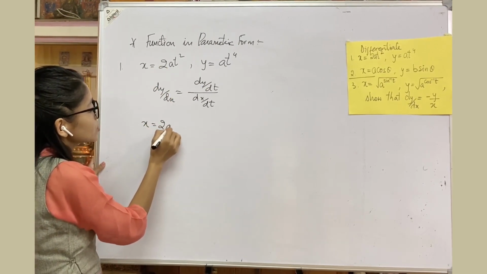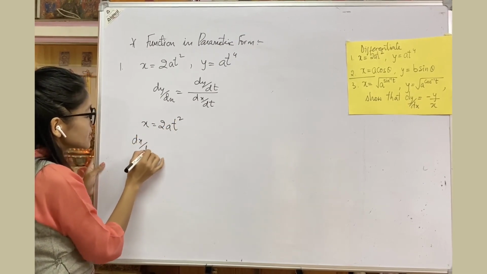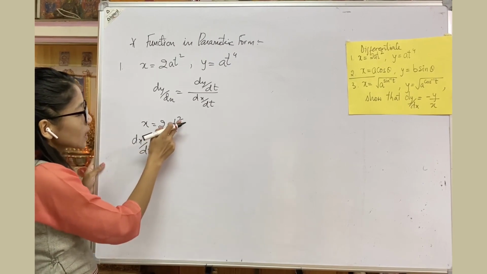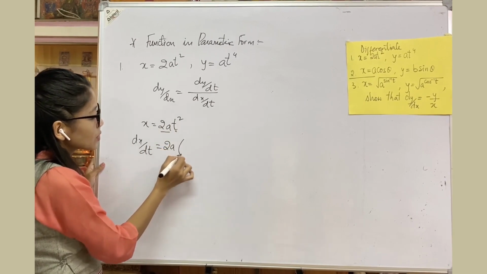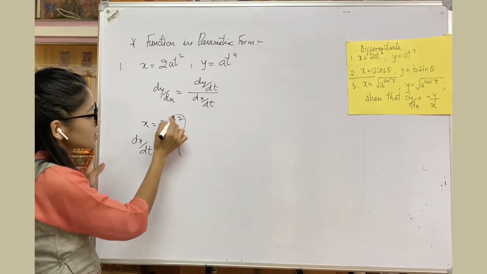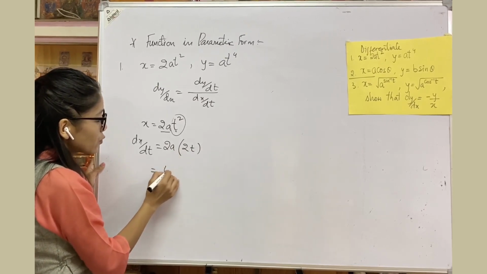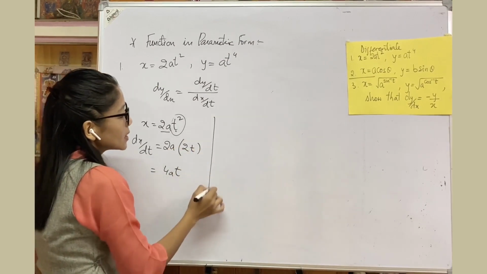You have x is equal to 2at square, so you find out dx by dt. Here t is our variable, so this 2a is constant, you keep it like this. Then you differentiate t square, which is 2t, so that is 4at. That is dx by dt.